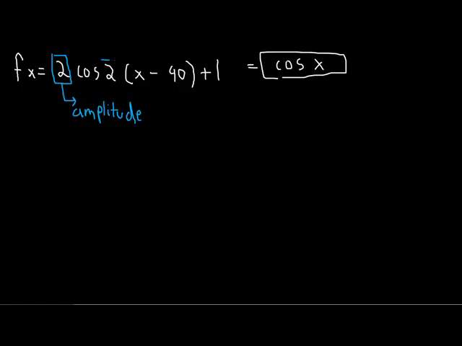And we have another 2, which is after the cosine, and that's our horizontal stretch. Horizontal stretch determines how much it compresses or decompresses, and this also deals with period, figuring out how long a cycle will take.